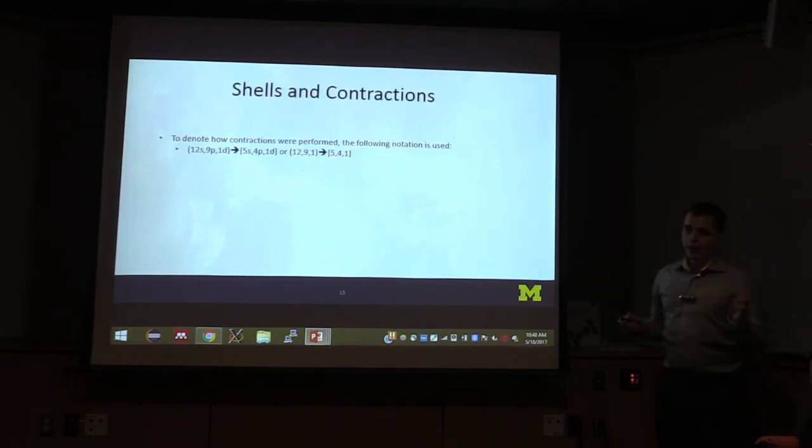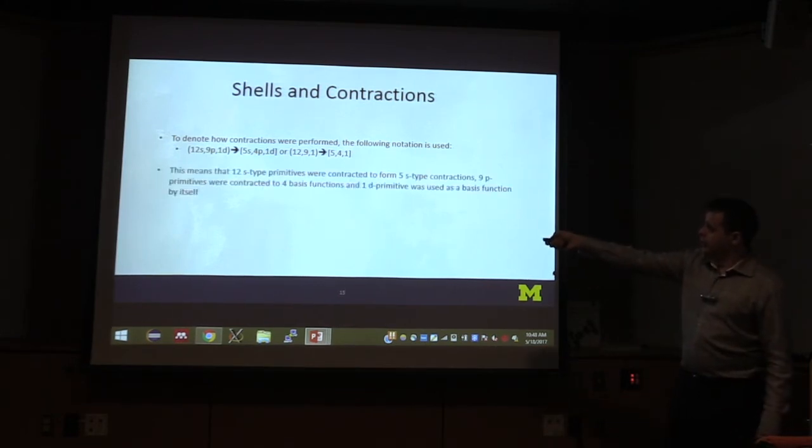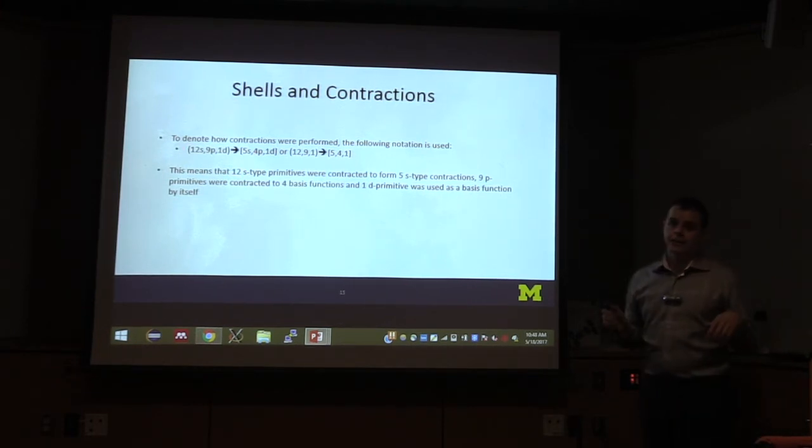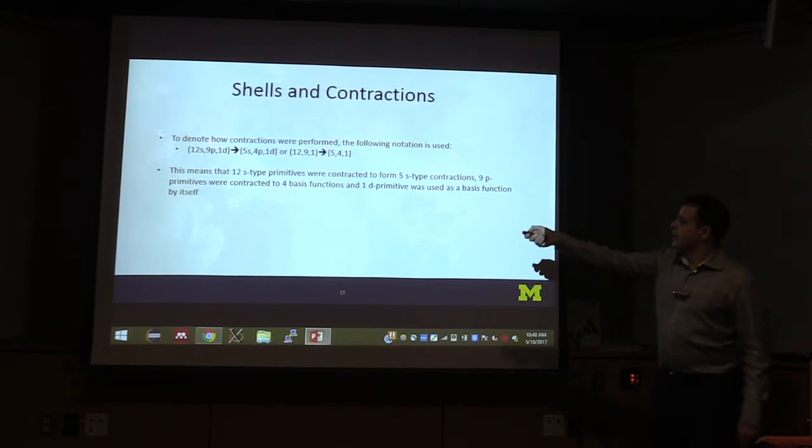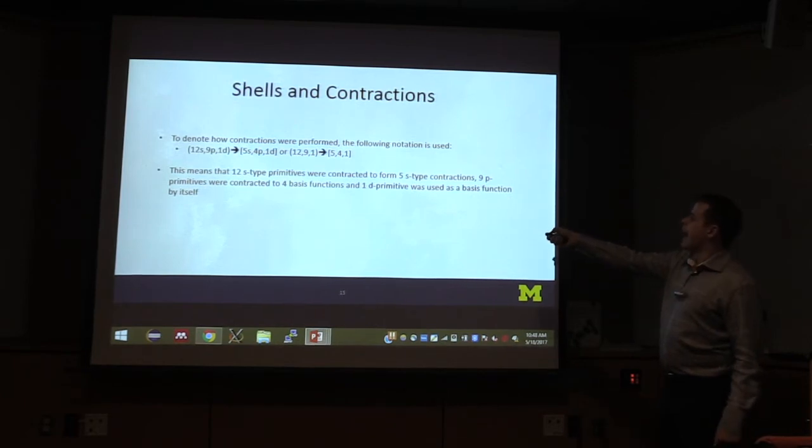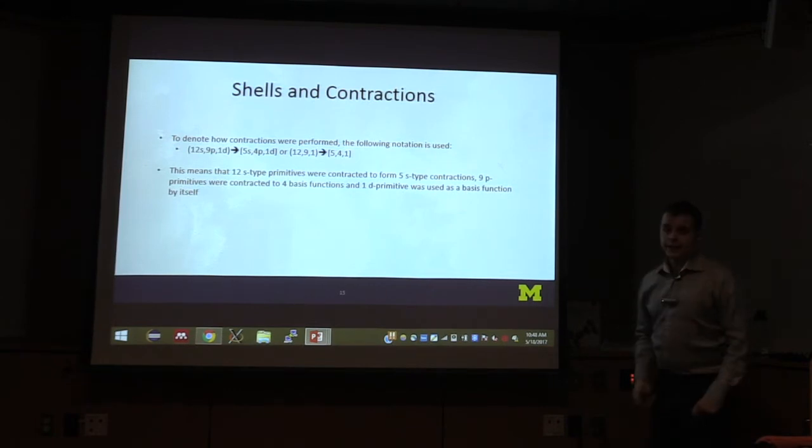Okay, so we group our Gaussian primitives into shells, and this notation denotes how those primitives have been contracted together to form our contracted GTOs. So this notation means that 12 s-type Gaussians have been contracted to form 5 CGTOs. 9 p-type primitives were contracted to form 4 basis functions, and 1 d primitive is a basis function by itself.